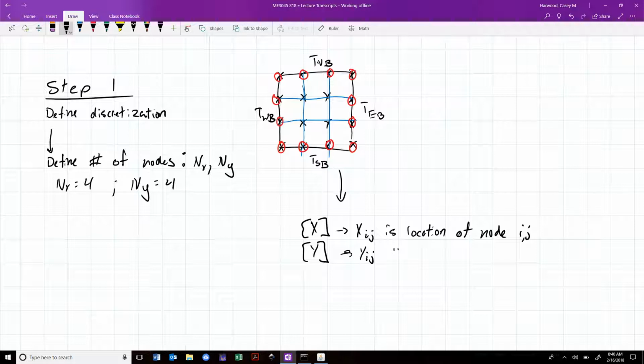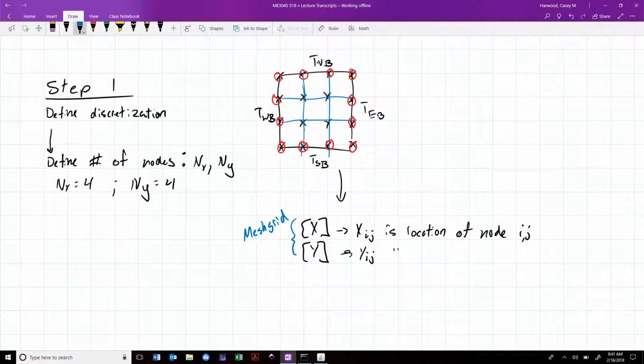A useful function in MATLAB to do this step is called meshgrid. You should look up the documentation for it, but it's a really nice function. If you just say my x nodes, let's say this has a width of 1, you'd say that my x nodes are at positions of 0, 0.33, 0.67, and 1.